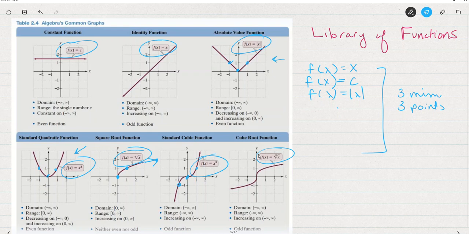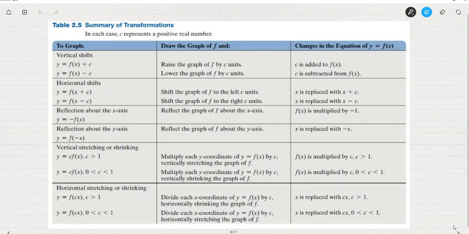To do that, you simply need to practice this. You need to know a couple of the points. You can always do point plotting, but in addition to point plotting, you have to know the general shape of the graph. So that's the first step, to be able to graph those common functions.